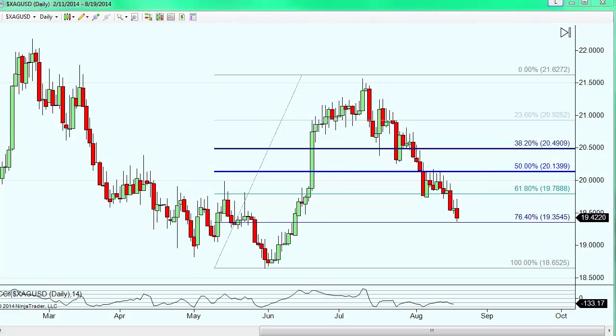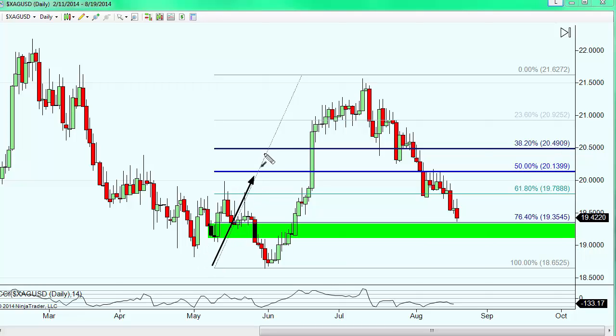Now, if that does occur, at the same time as we look at silver, we are wanting to check to see if we find any support at 1935. You notice in terms of the one fib retracement that I have in here, that's really the last stand, so to speak, because a market that breaks below a 76% retracement can no longer be really analyzed or viewed as in a simple or a defined correction, because a defined correction that goes beyond that is a lot more than a correction.